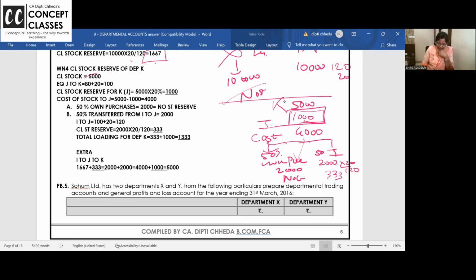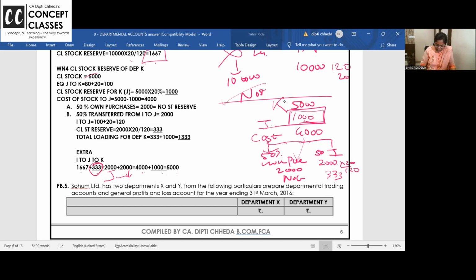See, I have written here. I is saying 1,667 के goods हैं, 333 profit add करके मैं 2,000 में J को दे रही हूँ. J क्या कर रहा है? अपने और goods मिला रहा है. 4,000 के goods हो गए, profit add करके 1,000, 5,000 में दे रहे हैं. So what is the loading? I to J 333.